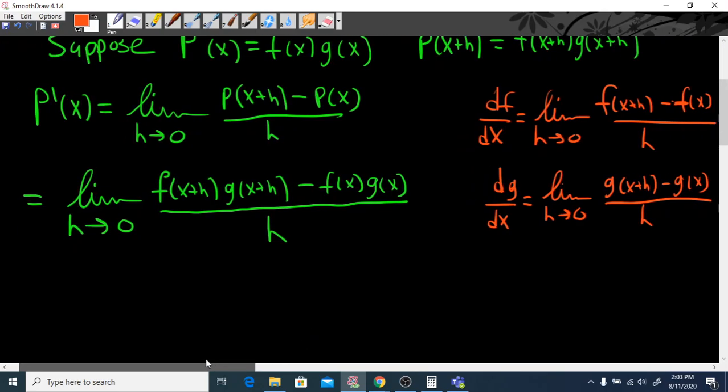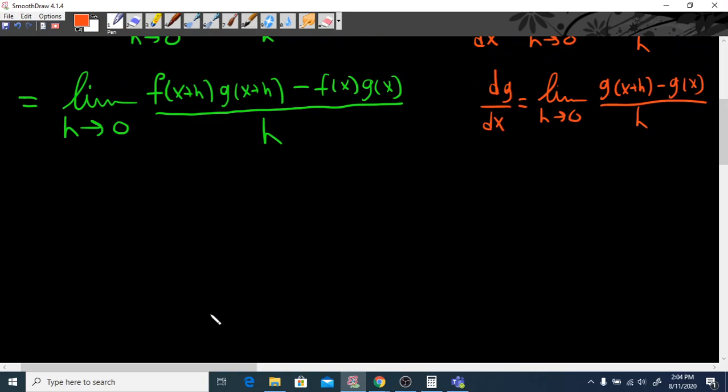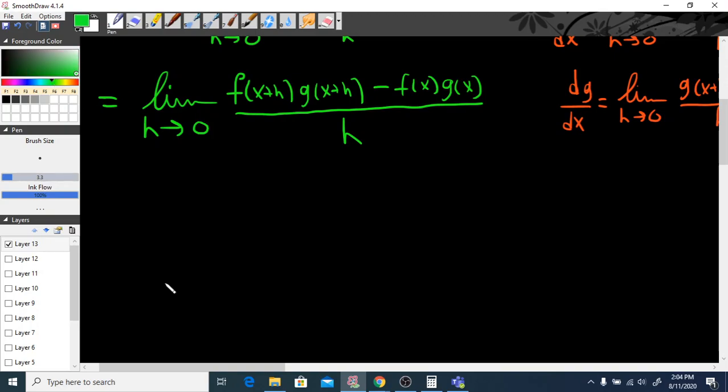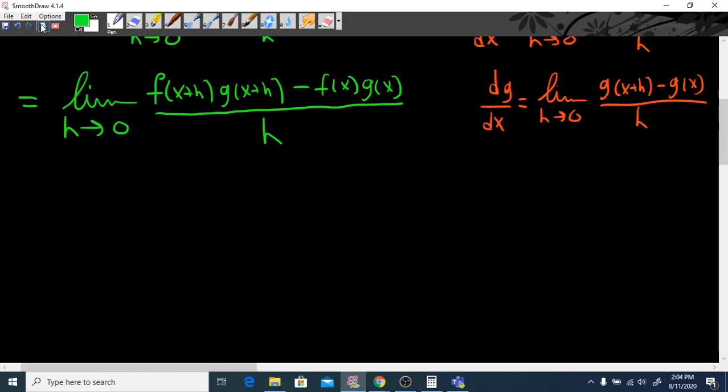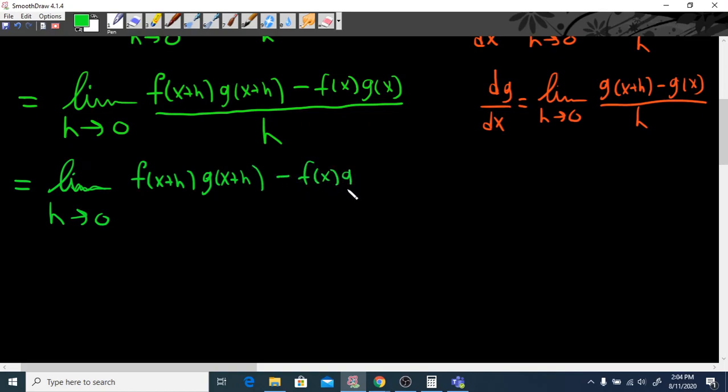And the thing that we're going to do to the green expression is add 0. Okay? Here's what I'm saying. First, h approaches 0, and then we get f at x plus h, g at x plus h, minus f at x, g at x, plus 0 over h.